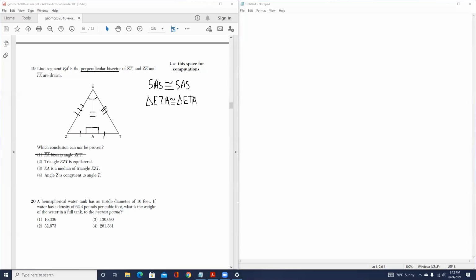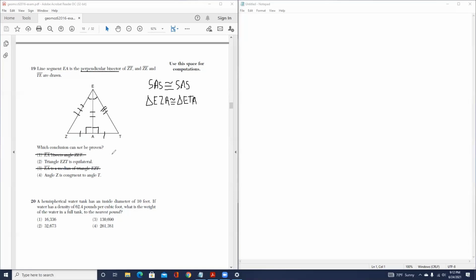In fact, it's given to us in the question. We didn't even need to prove it. Based on this, we can tell that EA is a median. It's drawn from vertex E and bisects segment ZT. So that makes it a median.